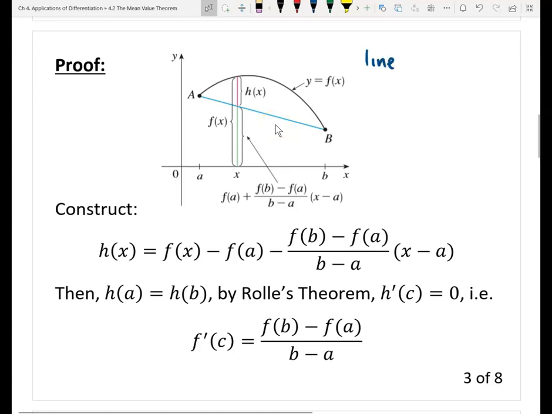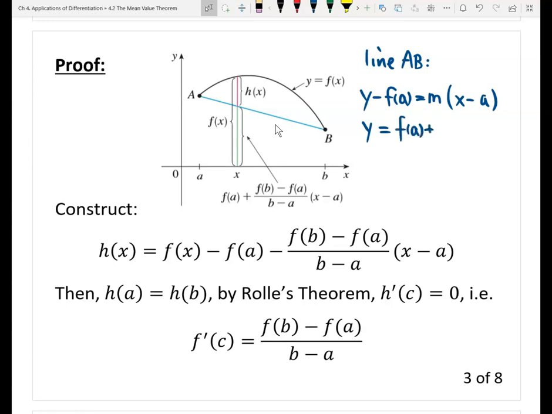So what is the line equation? The line AB. I use the left point A, which is y minus y0, which is f(a), right? Equals the slope times x minus x0, which is x minus a. And then add f(a) to both sides, so we get y equals f(a) plus m times (x minus a).